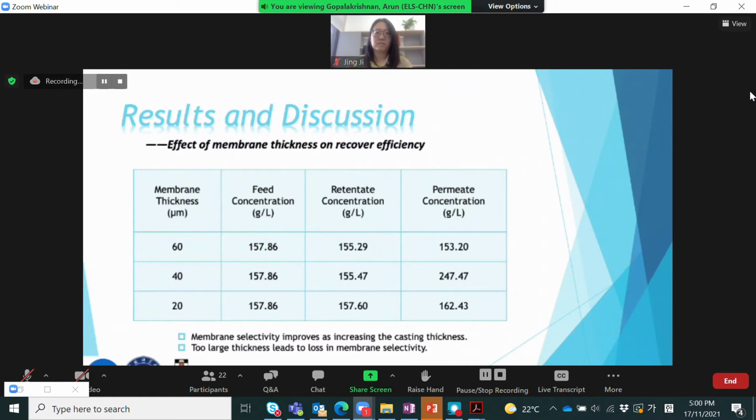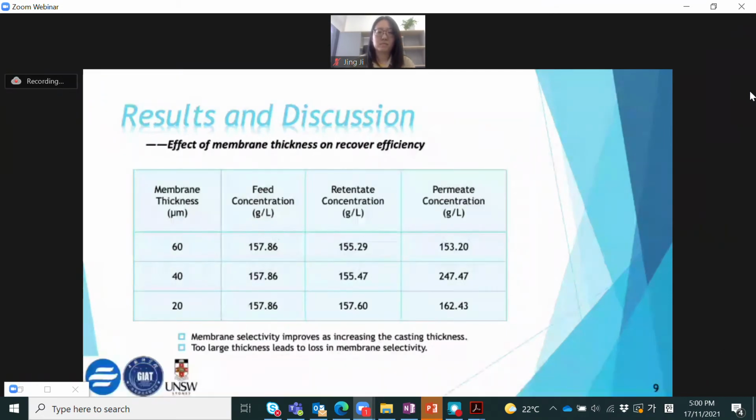However, if we increase the membrane thickness further to 60 micron, then the membrane selectivity for ethanol disappeared, which was quite unexpected. We guess this may be attributed to the significantly high diffusion resistance due to the ultra-thick coating layer.